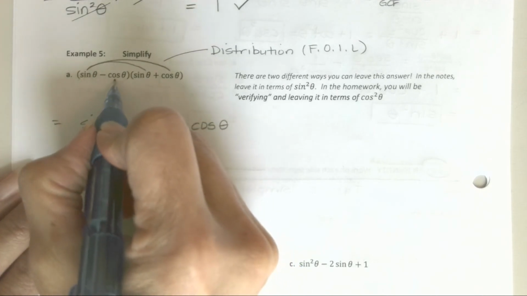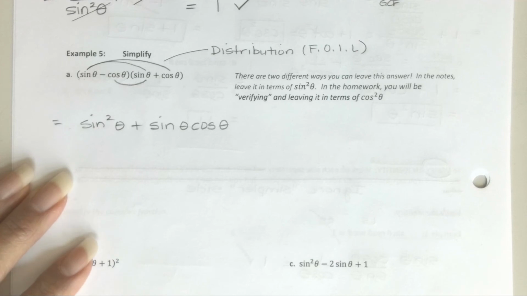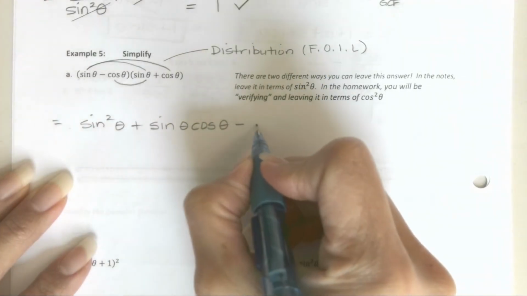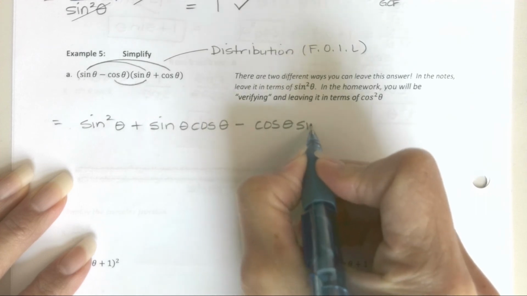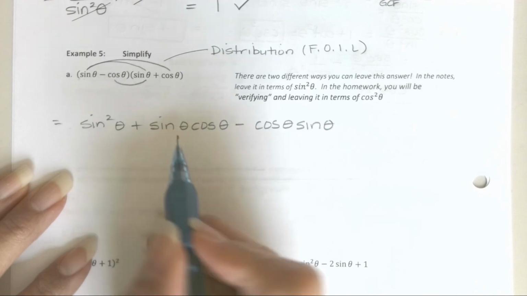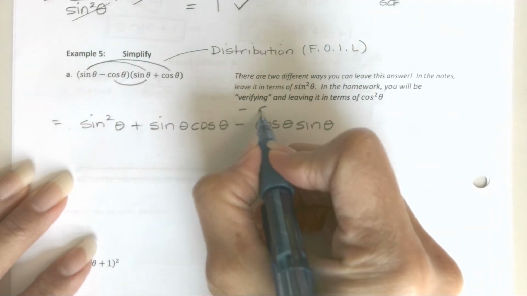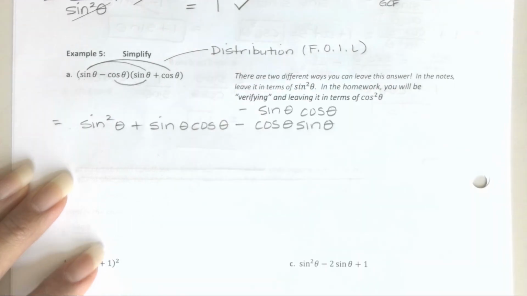Then you multiply the inner terms. So negative cosine theta times positive sine theta will give you negative cosine theta sine theta. I had students ask me, can I just switch the order so that it matches this one? If you want to write it like this, sine theta cosine theta, you totally can, okay?